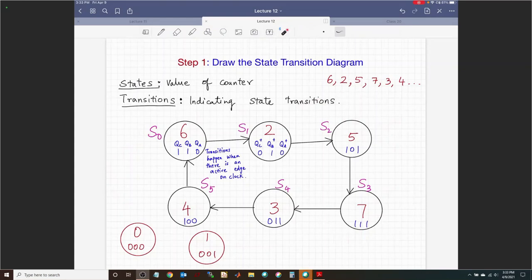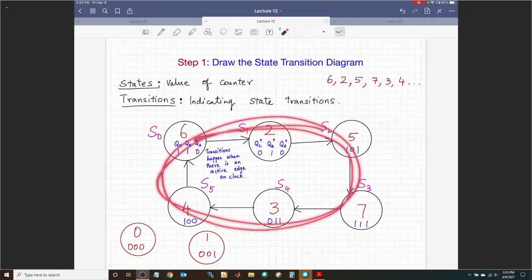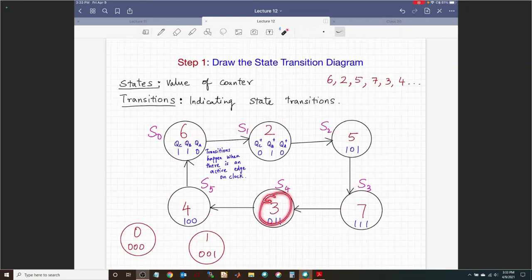Now the thing is, because I'm designing this guy, if it starts in, for example, 3, it will do 3 to 4 to 6 and then fall in place. Later on in the lecture, we will also try to figure out what happens if it starts in a skipped state. Does it come into our counter, or what happens then?